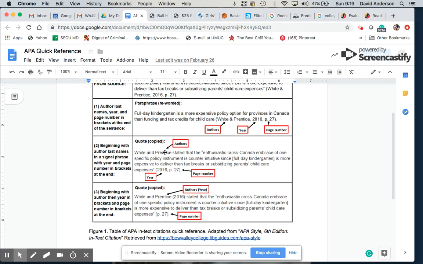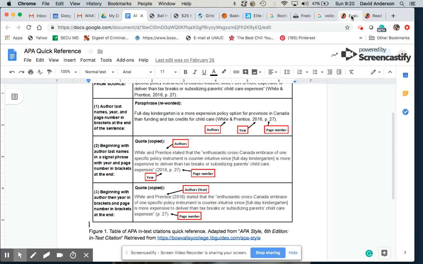If you use the author's names to introduce their idea, you put the date and page number. If you use the author's name to differentiate between which year you're talking about, maybe you have 5 or 6 sources from this particular group of authors, you want to differentiate which piece you're referring to, and then the page number.